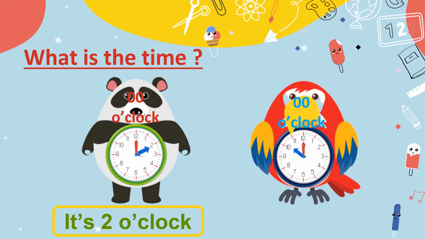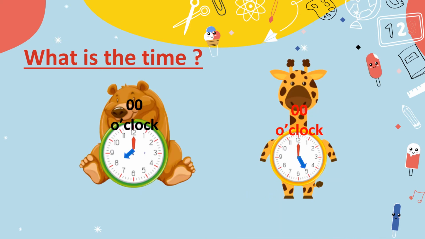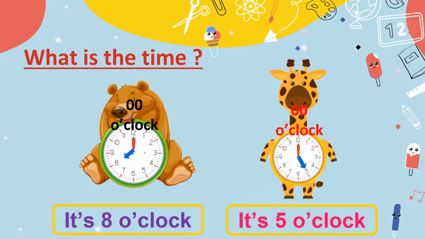In analog form, it means o'clock. So the time is 10 o'clock. Okay, and third clock here, the short hand points to 8 and the long hand points to 12. It means 8 o'clock. The last clock here, the short hand points to 5 and the long hand points to 12. So it's 5 o'clock.